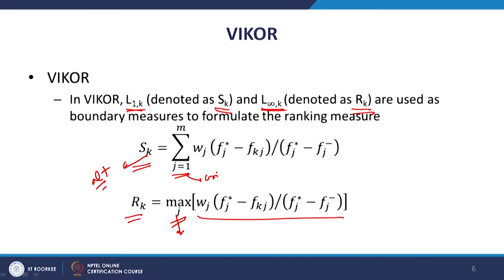As I said previously, the measure that we are going to use in VIKOR is based on these Sk and Rk as boundary measures. The actual measure that we are going to use in VIKOR for ranking we will discuss later, but these Sk and Rk will serve as boundary measures for that measure.